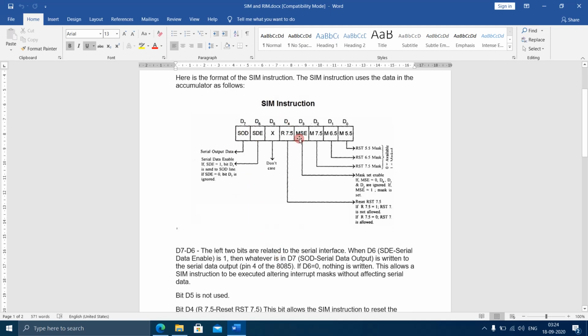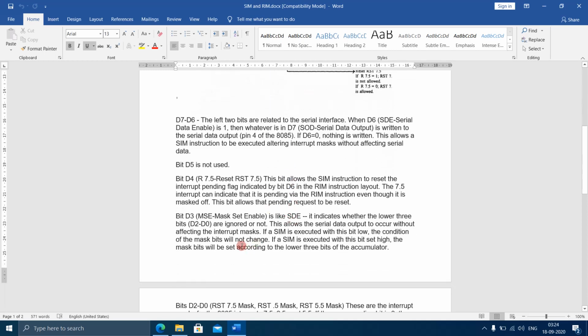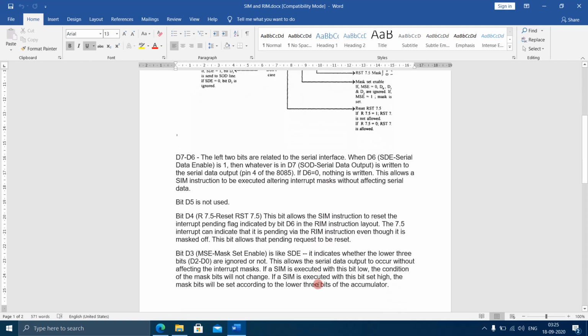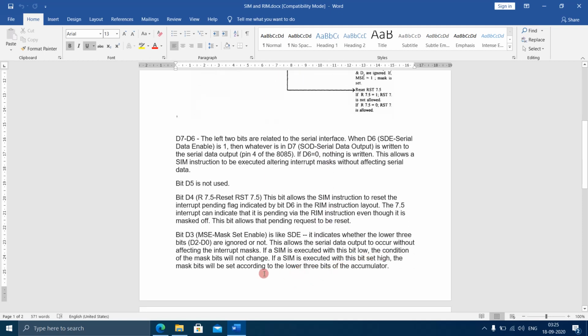So it prevents interference with serial output. If the SIM instruction is executed with this bit low, which is 0, the condition of the mask will not change.